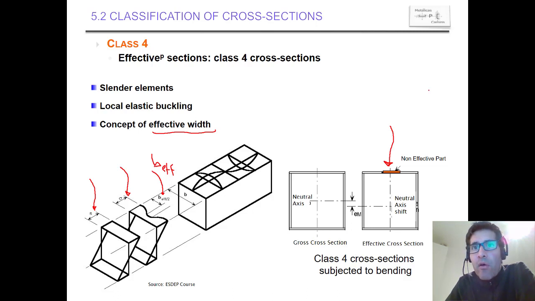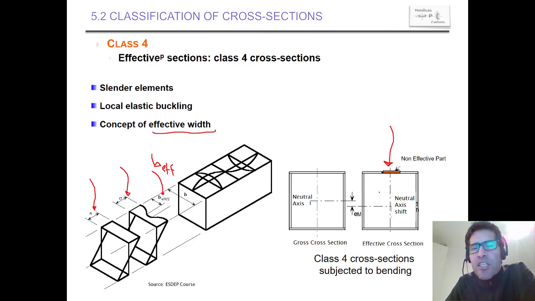In this particular example, we have something like a channel, a U-section with two borders on the top.